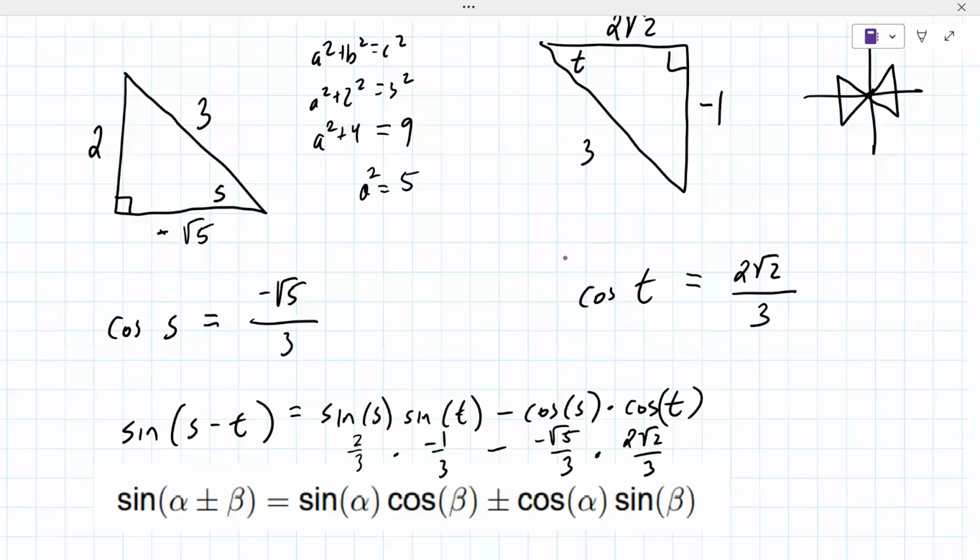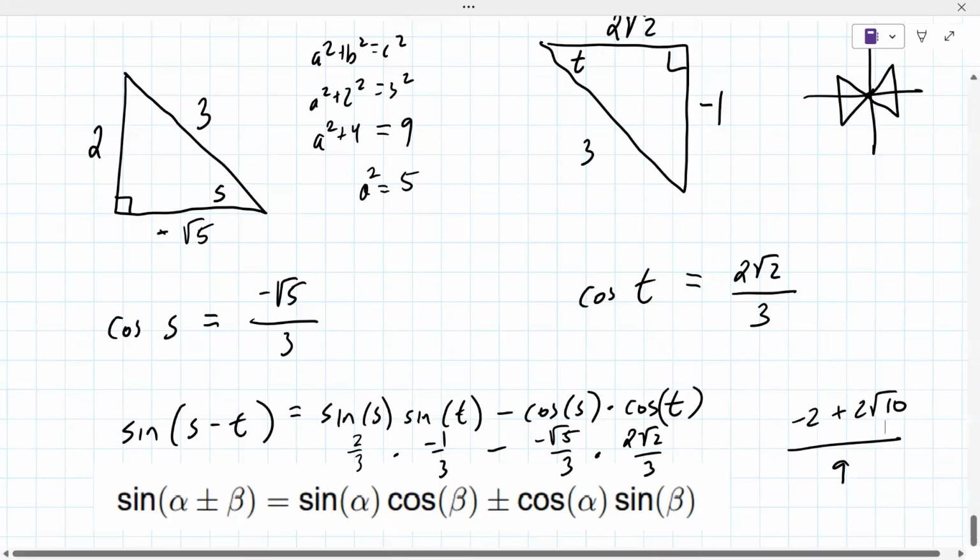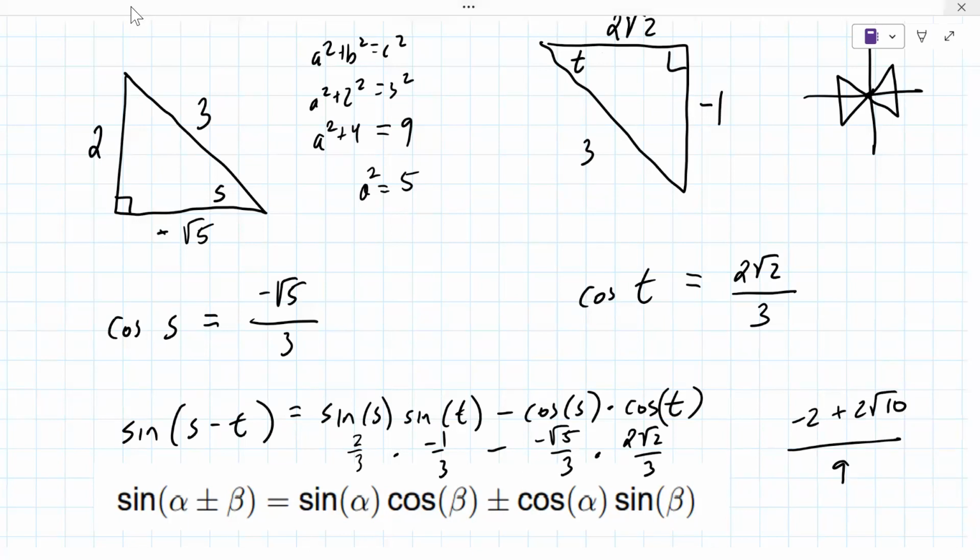Good. And you see how they have the same denominators? It's to be expected. They don't have to match number for number, but when you multiply them, they end up being the same. So it's -2 plus 2 square root 10. What does that mean? A great question. No idea.